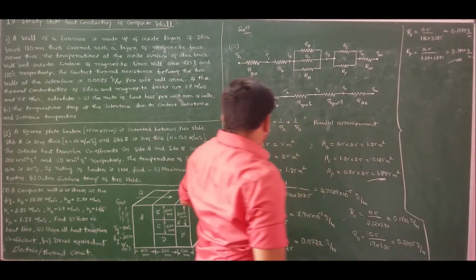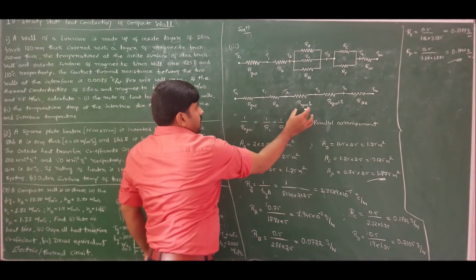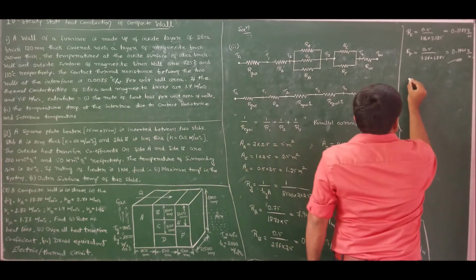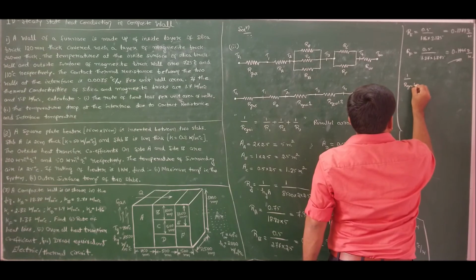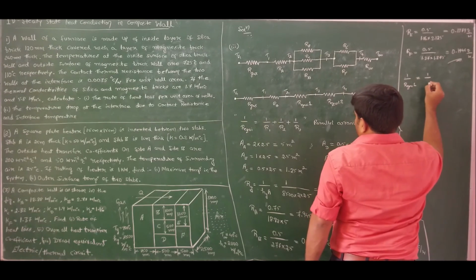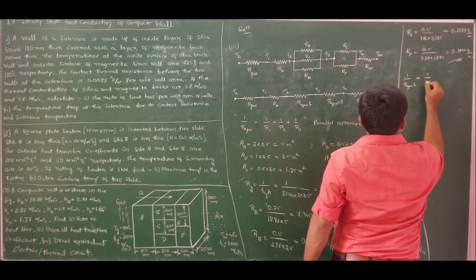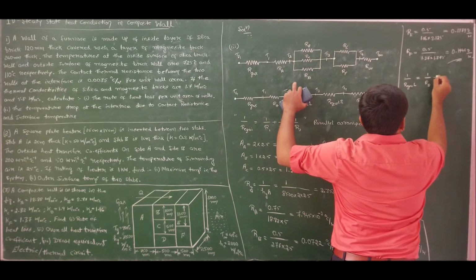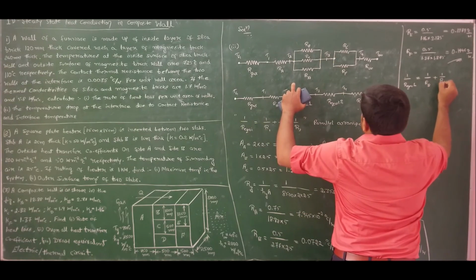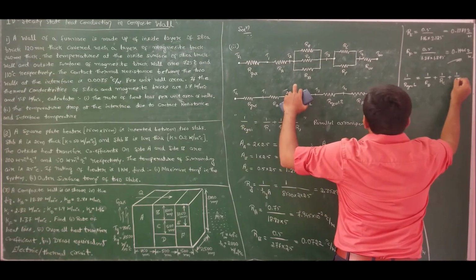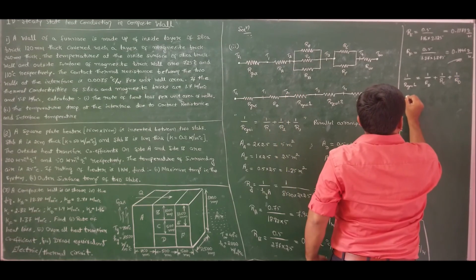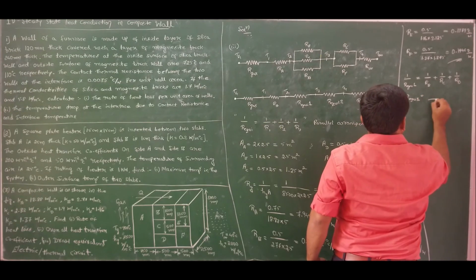So now I can find the equivalent 1 and equivalent 2. So 1 by R equivalent 1 is equal to 1 by RB plus 1 by RC plus 1 by RD. So therefore you will get the value of R equivalent 1.